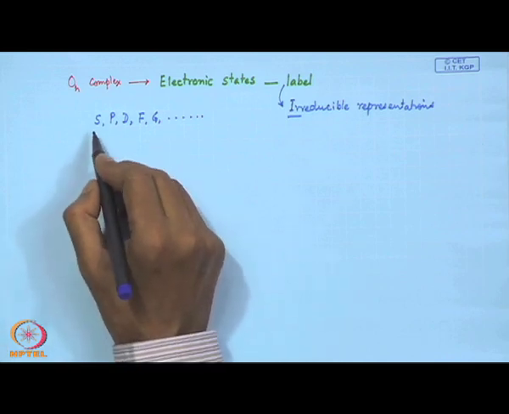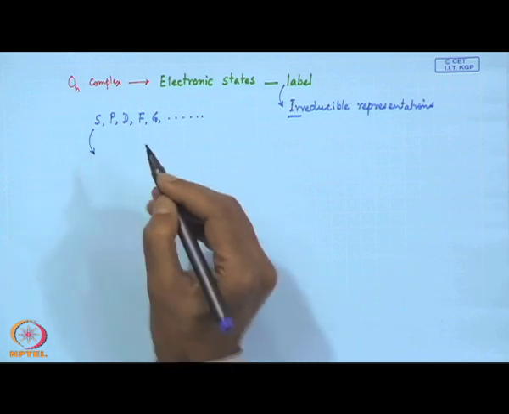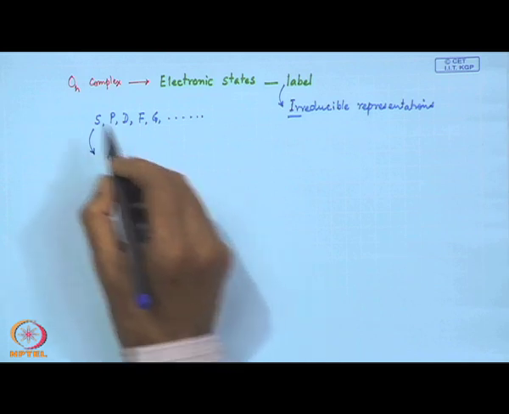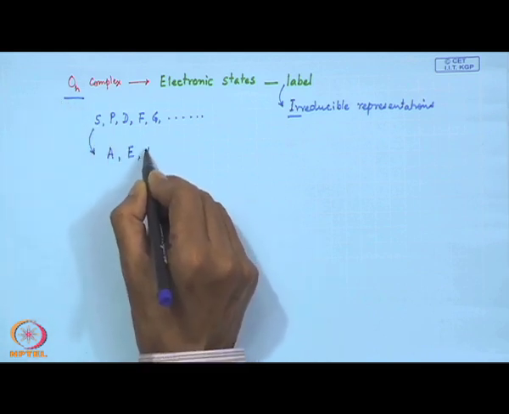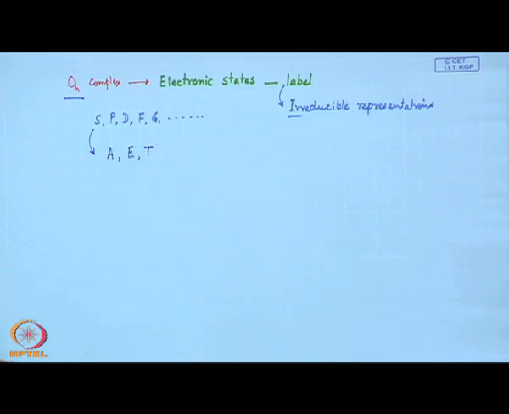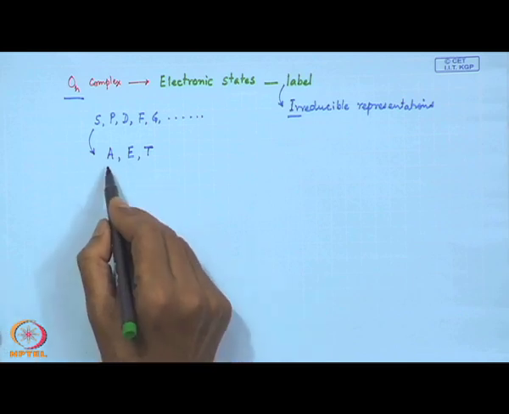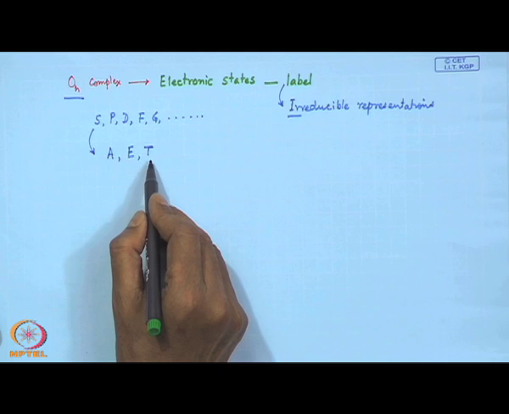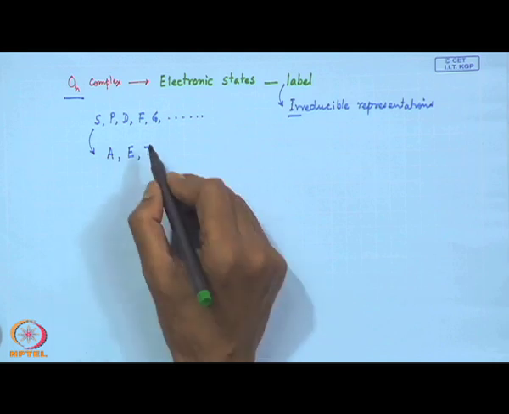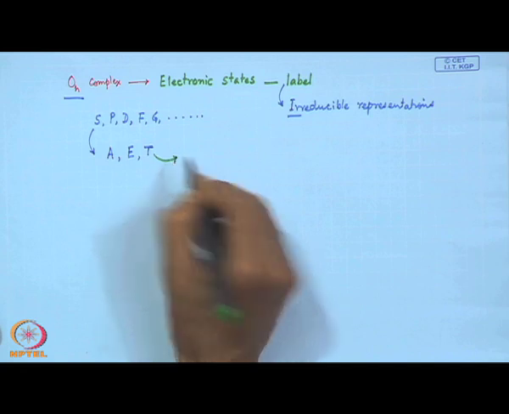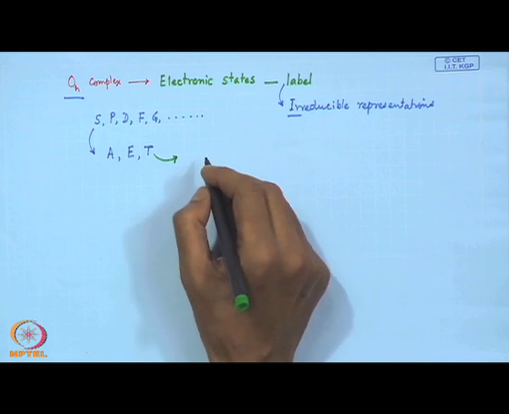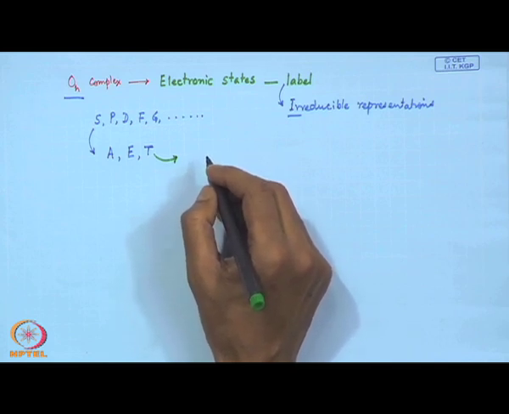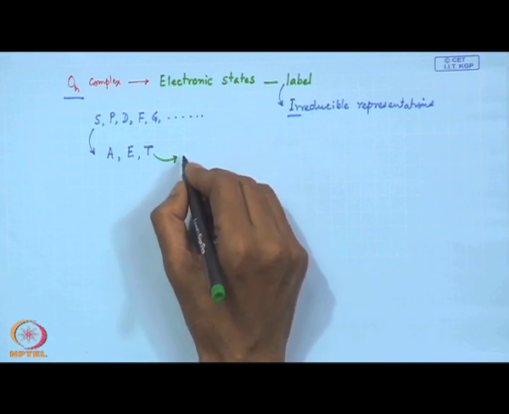These levels can split in a particular, say, octahedral field into A, E and T terms. These are the limit, where this is a singlet level, this is a doublet level and this is a triplet level. We cannot have anything beyond T, that means we cannot have a quartet level, or any state higher than the threefold orbital degeneracy.